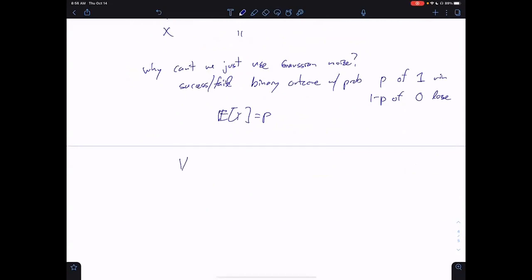So we're going to have to do some transformation in order for it to make sense. The other thing is that the variance of this y, which is the expectation of y squared minus the expectation of y, squared, is P times 1 squared plus 1 minus P times 0 squared minus P squared, which is P times 1 minus P.